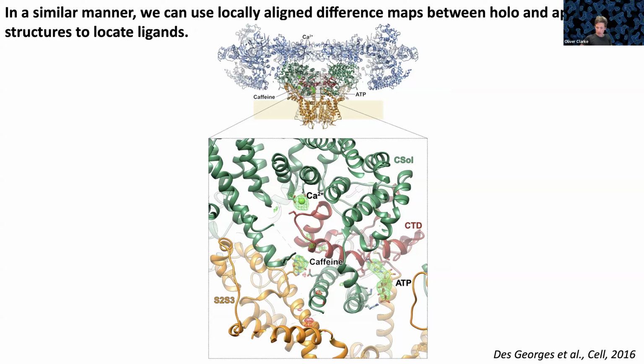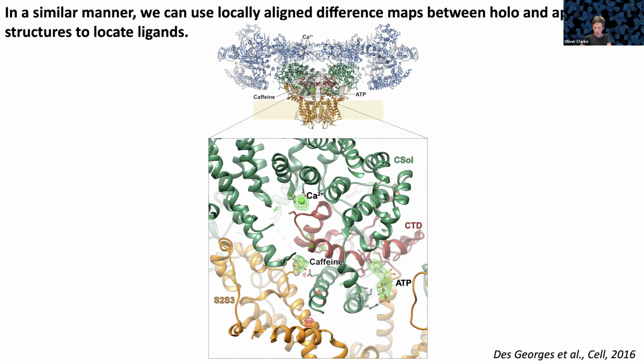When I say a locally aligned difference map, what am I talking about? So when ligands bind to a protein, they can modify the conformation. In this case, when ATP binds to the C-terminal domain of the RYR, that whole domain reorients. So if you just calculate a direct difference map, what you end up with is a mess because you are essentially combining the differences that you see due to ligand binding with those that you see due to domain reorientation.